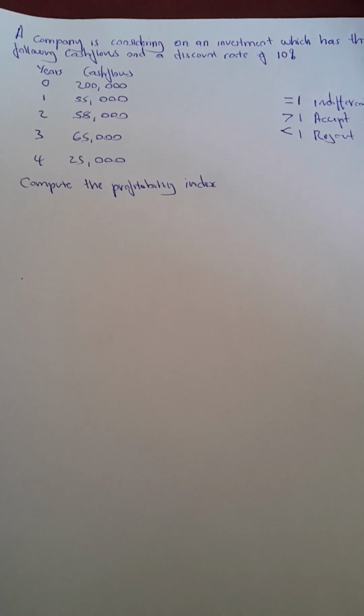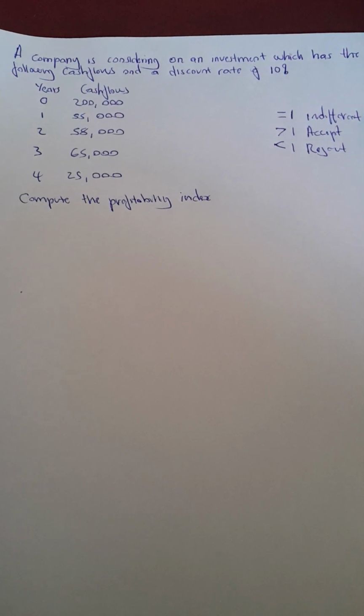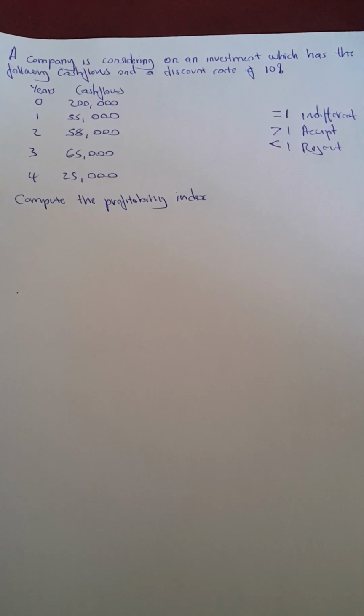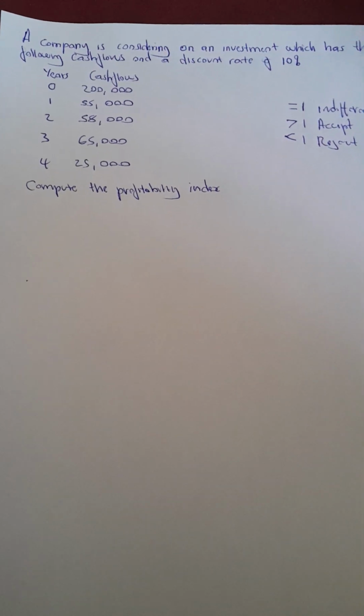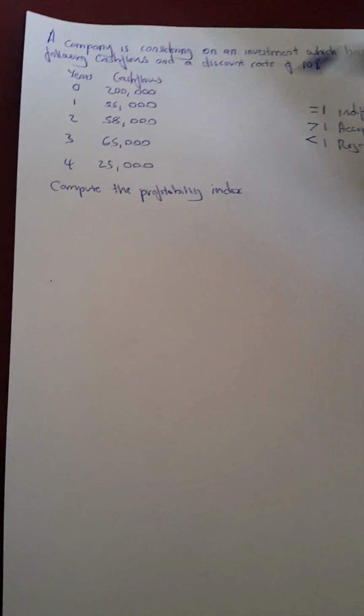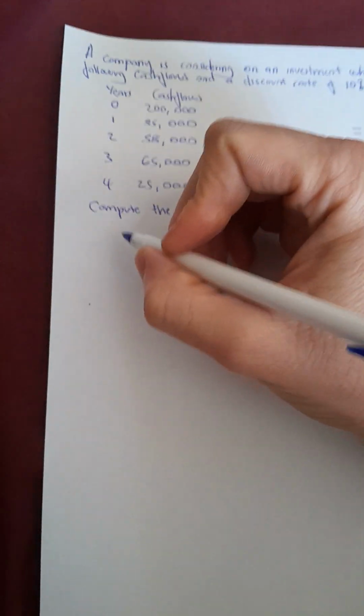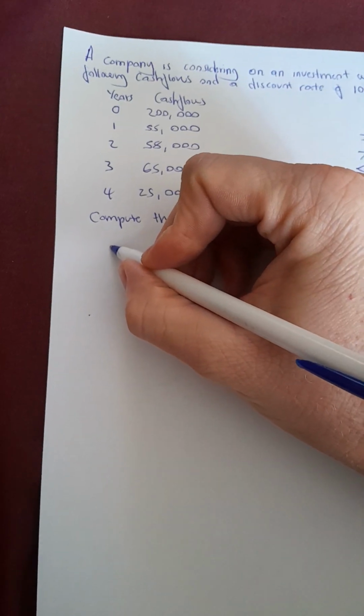So here a company is considering an investment which has the following cash flows and a discount rate, which is also the cost of capital, of 10%. So let's arrange these. We will start with the first year.